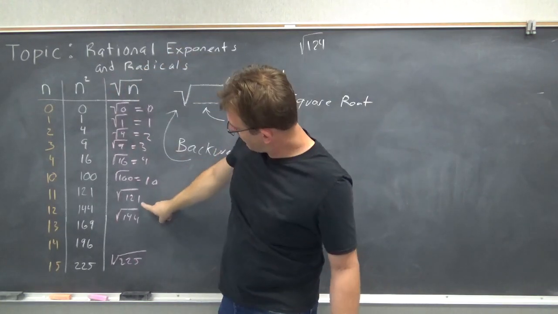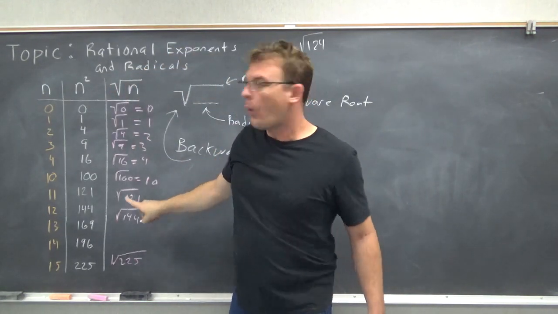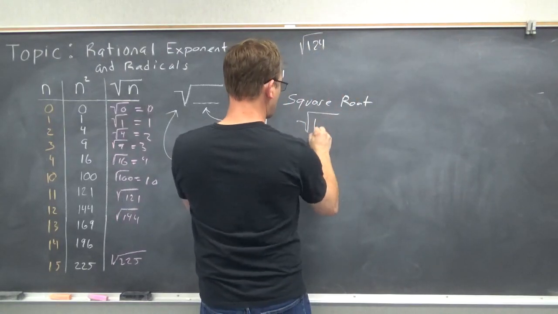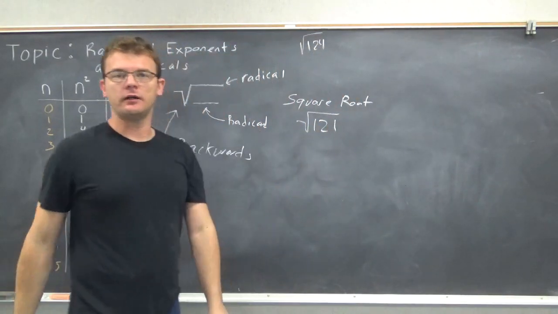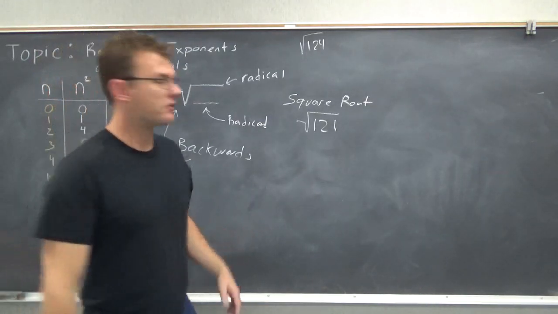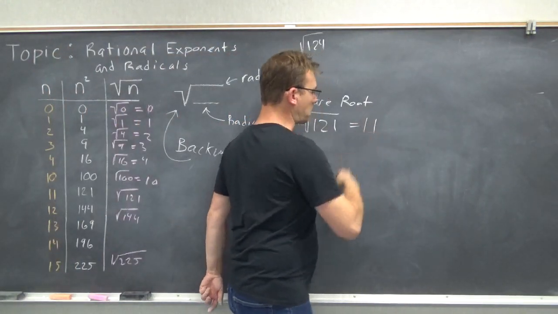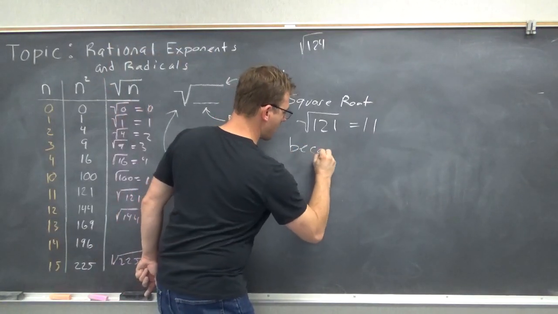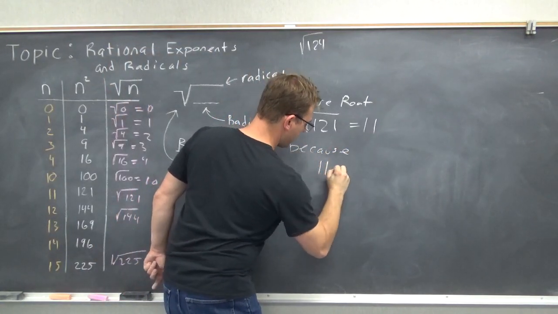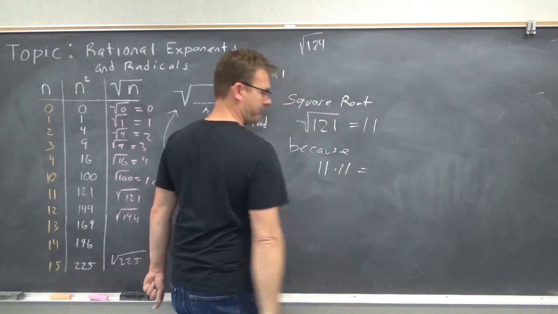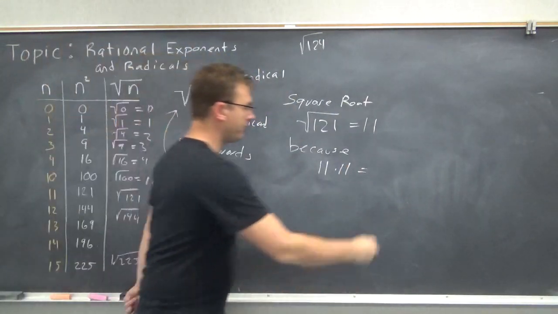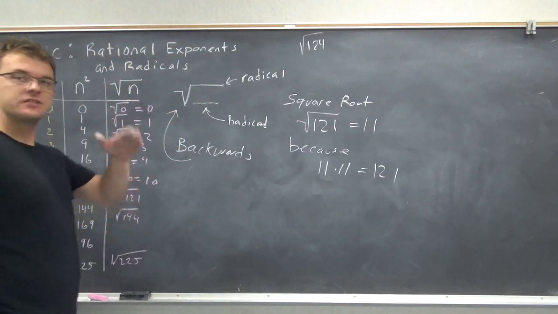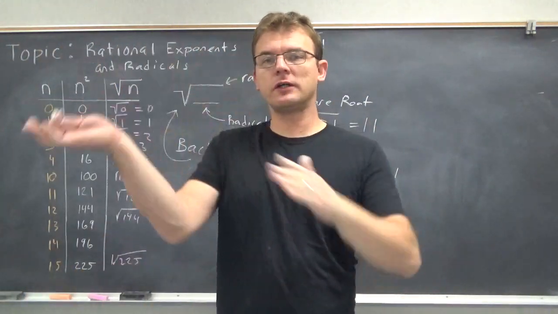Okay, what's the square root of 121? 11, right? Because 11 times 11 is 121. You see, you're going backwards, forwards, backwards.